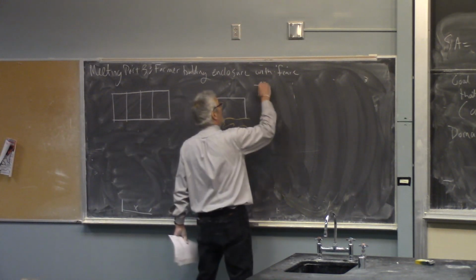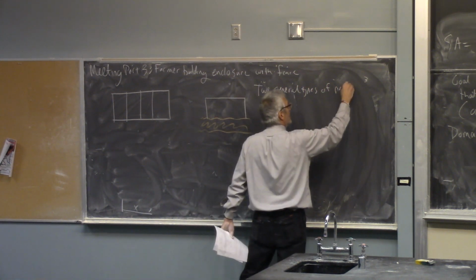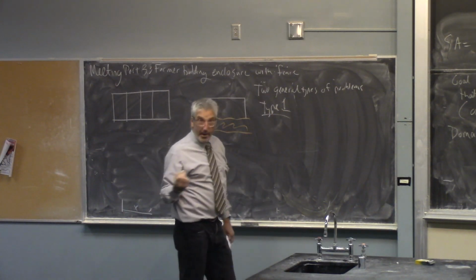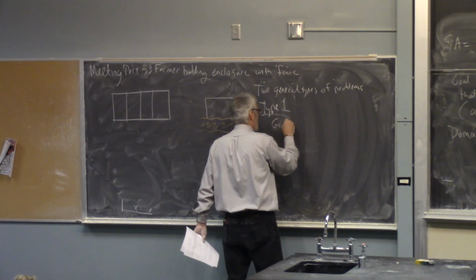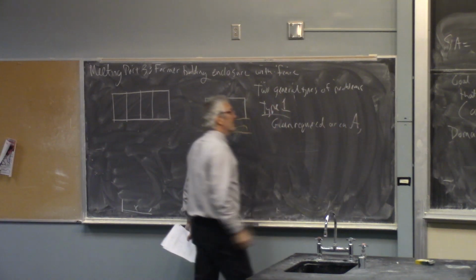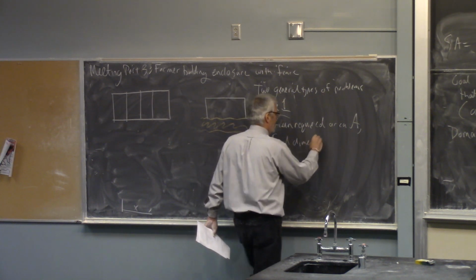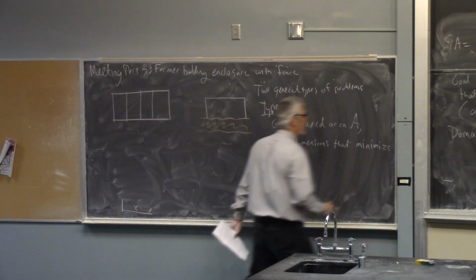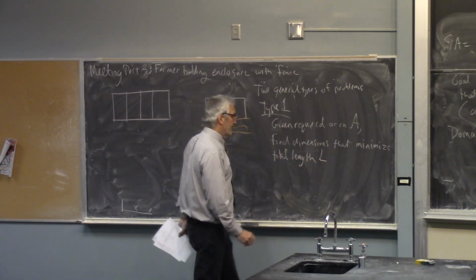So there are 2 types of problems. One is, given a required area, find the dimensions that minimize the total length L of fence.